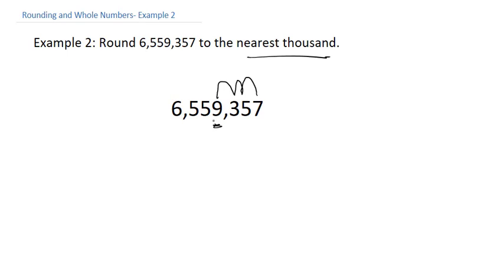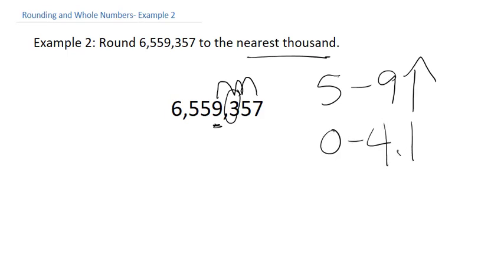Now we're going to circle the next digit, which is the 3. This is going to help us determine if we round up or down. And so again, we round up if it's between 5 to 9, and round down if it's between 0 to 4. And as 3 is between 0 to 4, we are going to be rounding down.